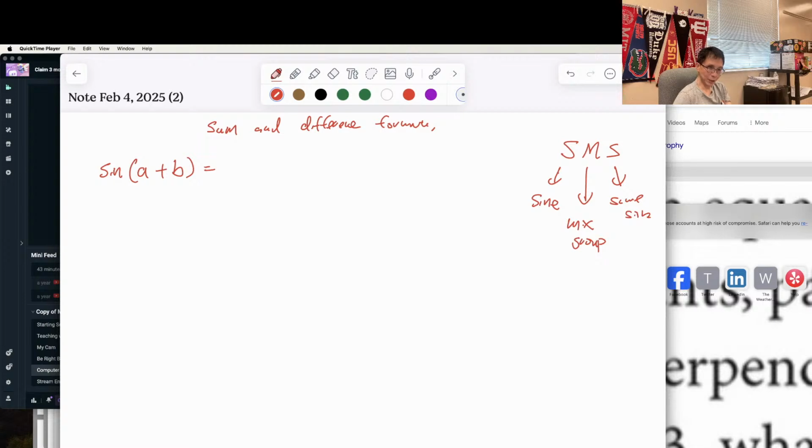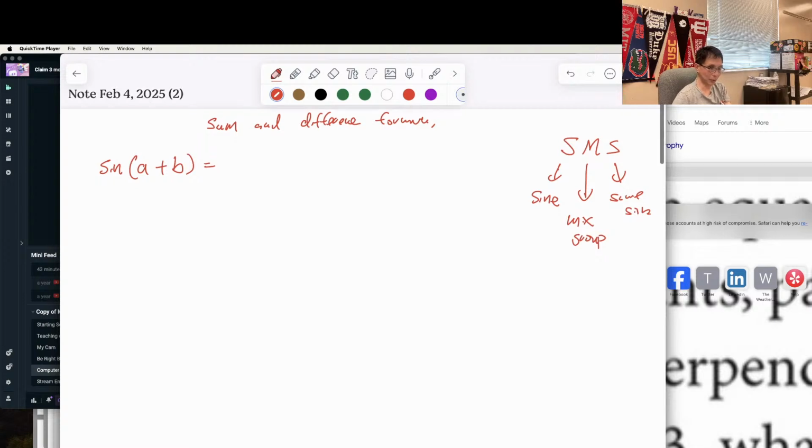I start with a sine, so it has to go to mixed group. How do I do mixed group? You're going to do sine, cosine, cosine, sine, and you're going to put A, B, and a plus. This has to be the same sign as before. So S stands for same sign.